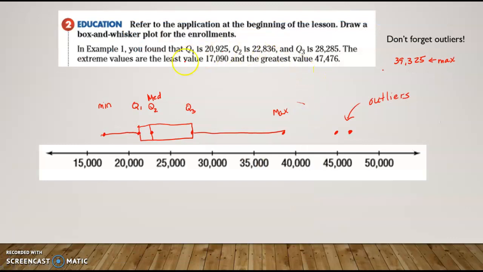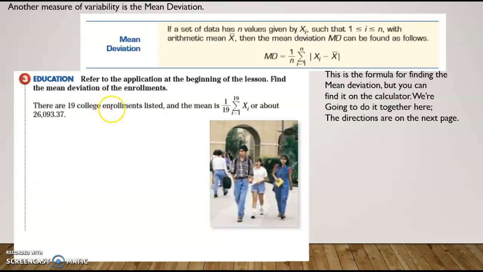I'm going to use the 17,090 and the 20,925. These are just two values, and I was showing you what it's doing before I show you how to do it on the calculator.